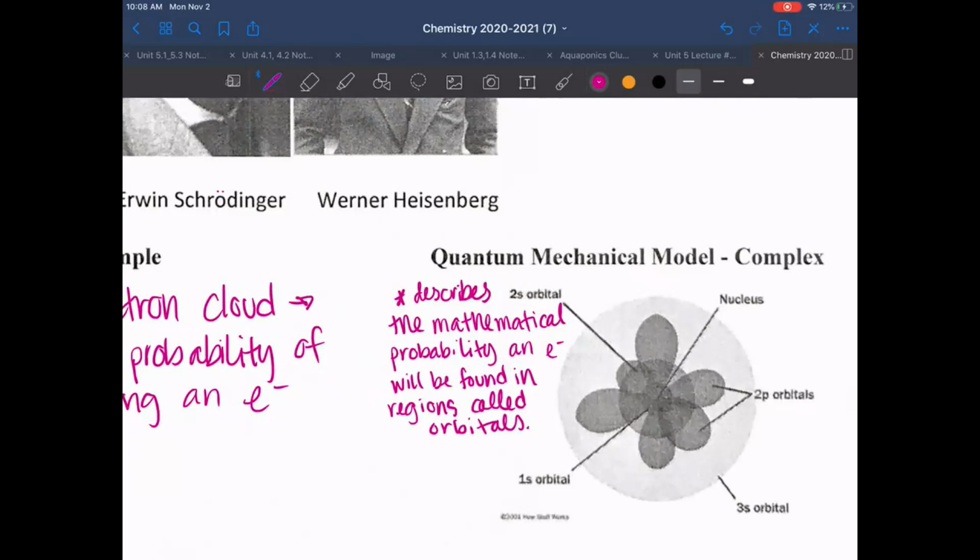What these orbitals are is, I'm going to use this term superimposed, and it just means they're stacked on each other and are among each other. So they're superimposed orbitals with unique shapes.